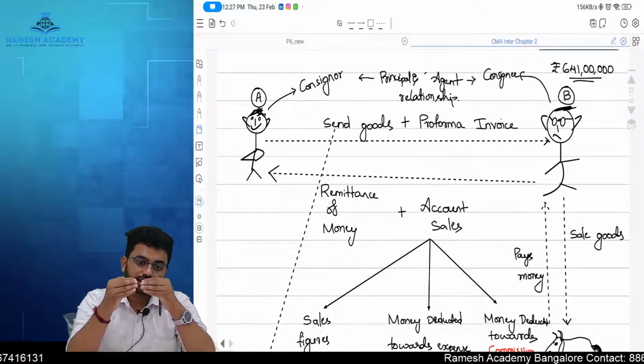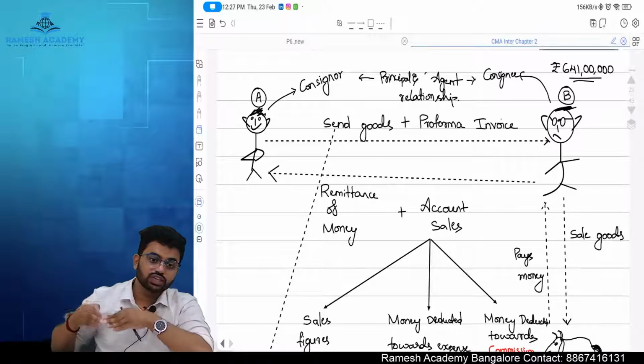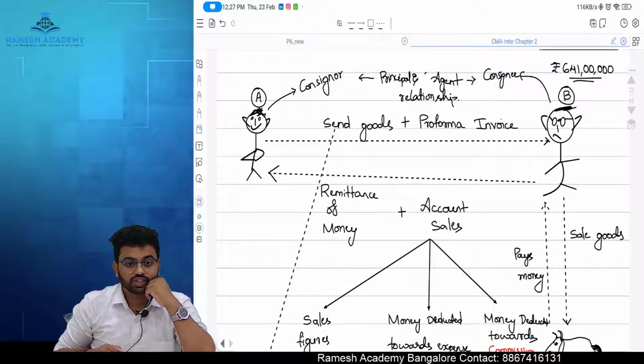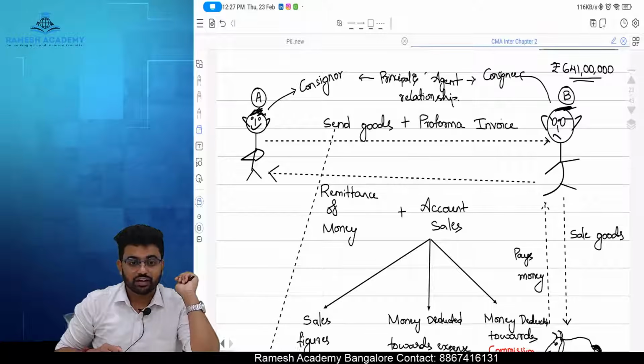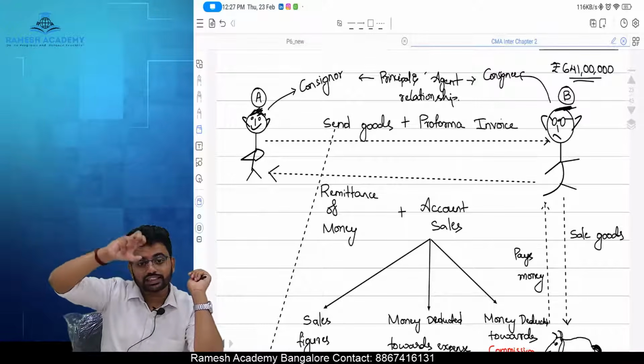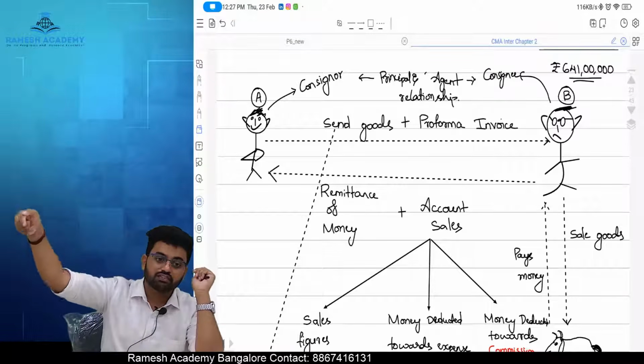Later, what will the consignee do? The consignee will sell goods to the customer on behalf of the consignor, which means the goods which the consignor sent to the consignee will be in the name of the consignor only.